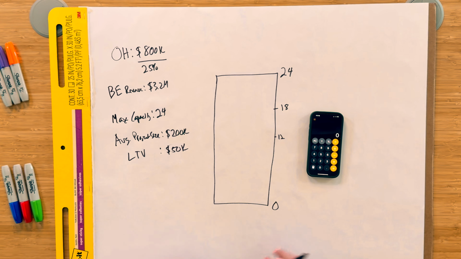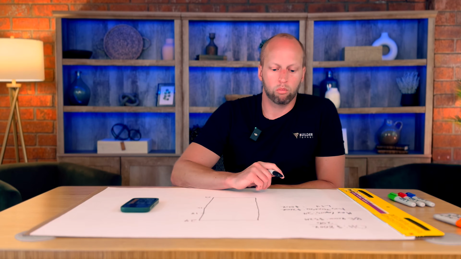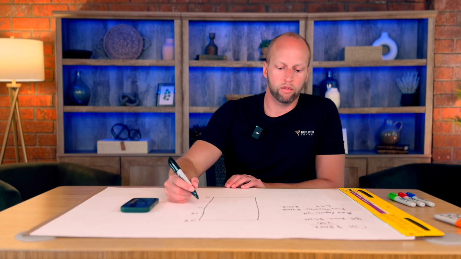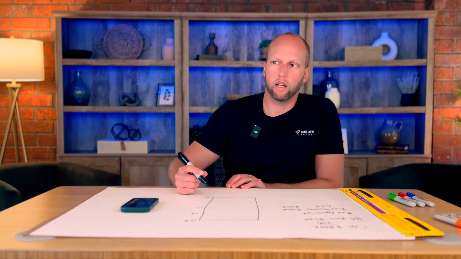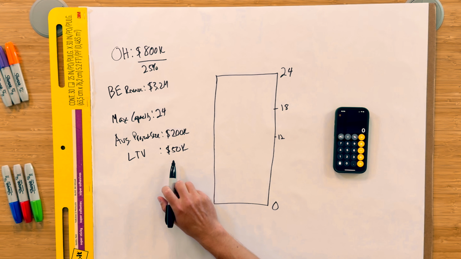So that's 50,000. But what we're trying to do is figure out where our break even is in terms of number of projects. And we know our gross margin per project is $50,000. That's what a customer is worth to us.